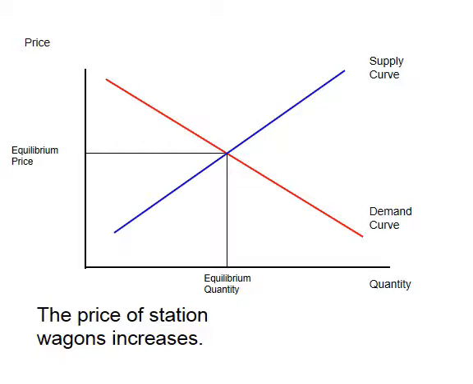The price of station wagons increases. So again, remember we're tracking quantity of minivans and price of minivans. So it's not the price of the good in question. So we have not moved along the demand curve, but we have the price of a substitute having increased.